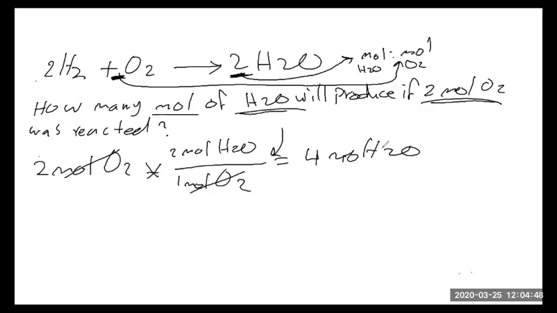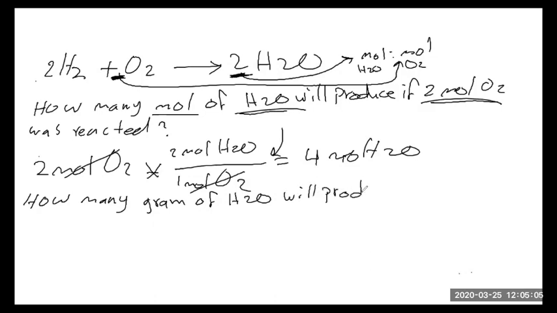Okay, now for the mass, let's say in grams. Let's keep the same equation, but we will deal with the mass, with the gram. How many grams of H2O will be produced if, let's say, we have 16 gram O2 reacted?